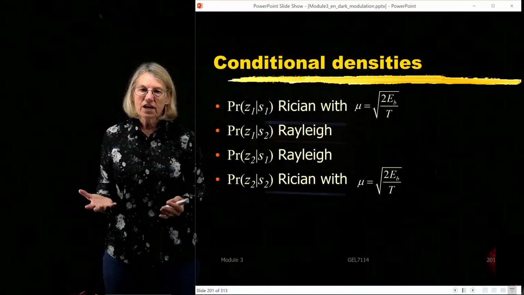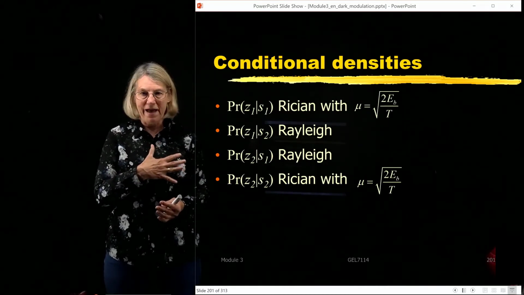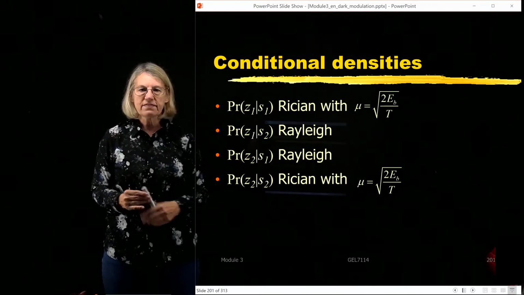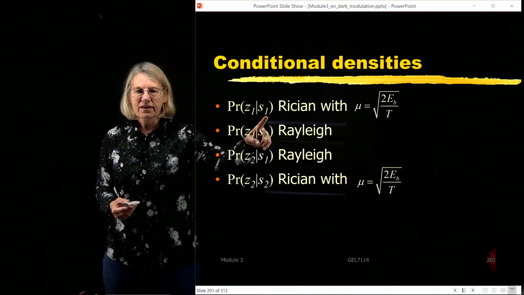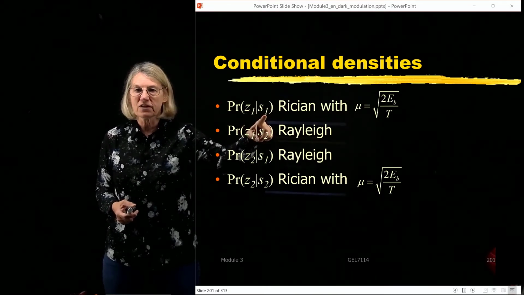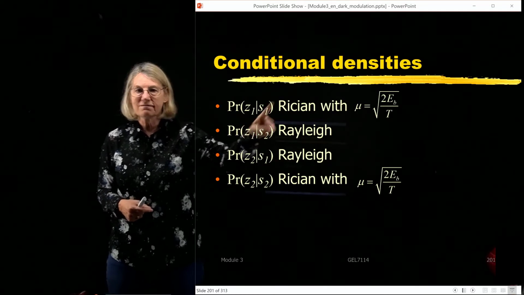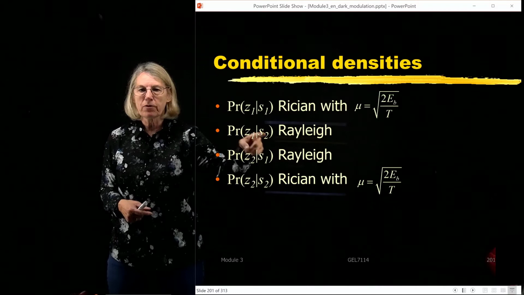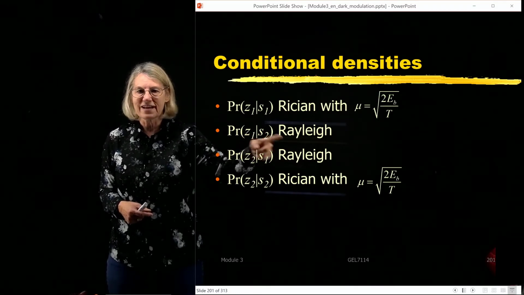So I'm going to take you quickly through the math. Okay, so let's start first with the conditional densities. We said that Z1 conditioned on S1, so this is why I'm looking at the filter output of the filter where the symbol's present, it's Ricean. If I'm looking at the filter output for where the signal wasn't sent, it's Rayleigh.